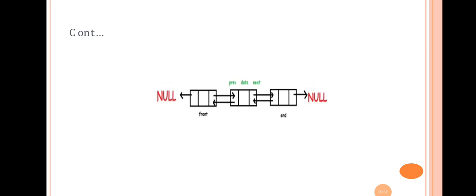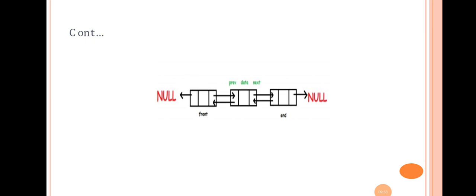So here is an example of a doubly linked list. In the first node, the first field will be null, the second will be data, and the third field will be connected to the next node. The third field contains the address of the next node.